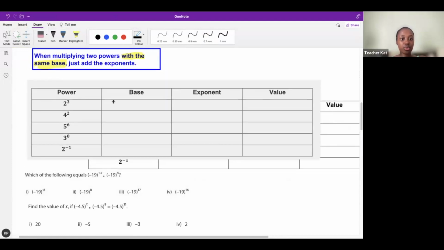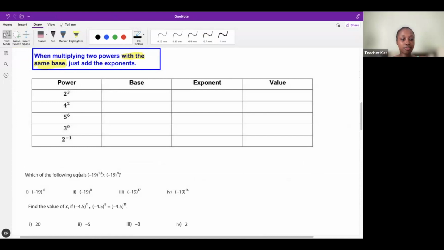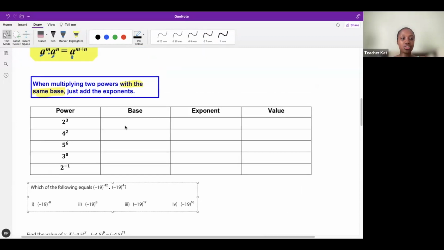Okay. So we've been given the power, and in the first one, the power is 2 to the power of 3. Remember, power means the whole expression, right? So 2 to the power of 3, what is my base for this power? For the first power, what would you guys say is the base? What would we say is the base? Thank you, Mene. The base is 2.